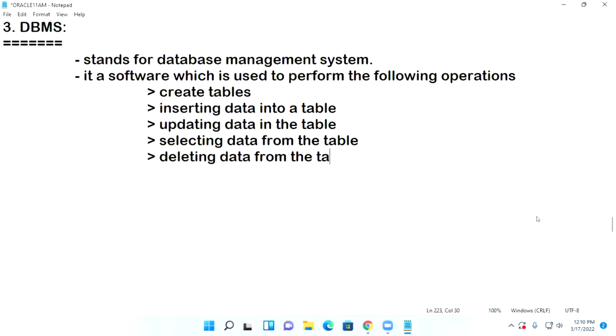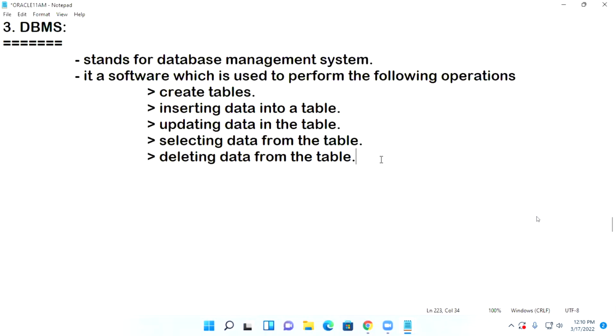Whenever you want to perform these kinds of operations over your databases, you can use this software. Understand? So with it we can perform these operations: creating tables, insert, update, select, and delete.